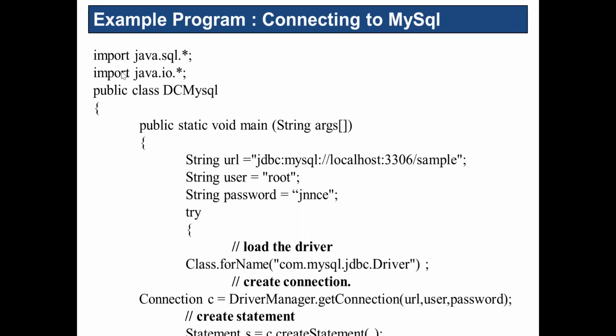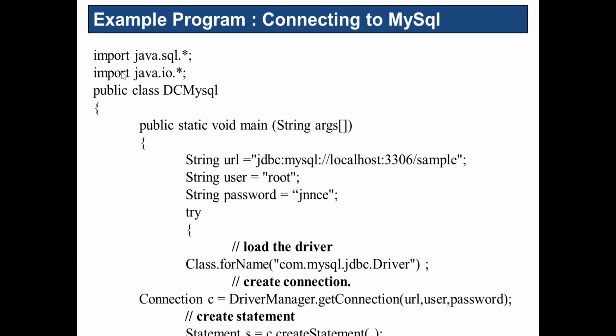Then, as usual, I use the try catch statement. First, we have to load the driver. How do we load the driver for MySQL? Using Class.forName, within the double quotes, we write com.mysql.jdbc.Driver. This loads the driver for MySQL.